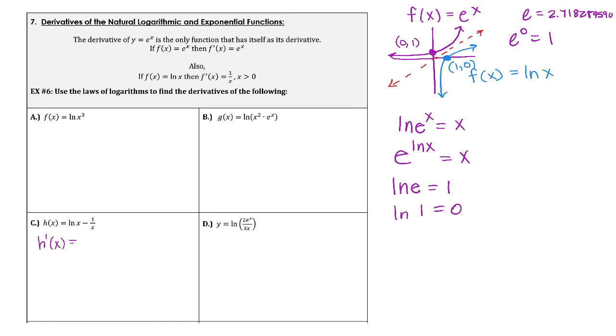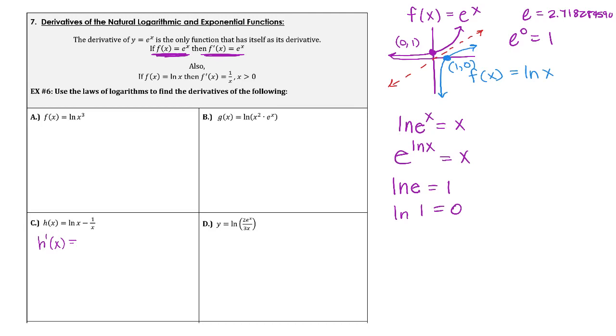Not doing e stuff. All right, now, they give you a great formula here. They tell you that the derivative of e to the x is what? They say if f of x equals e to the x, then what is f prime of x equal to? e to the x.